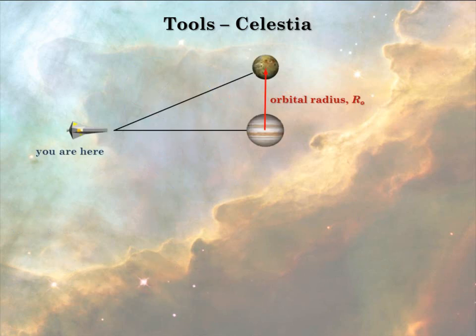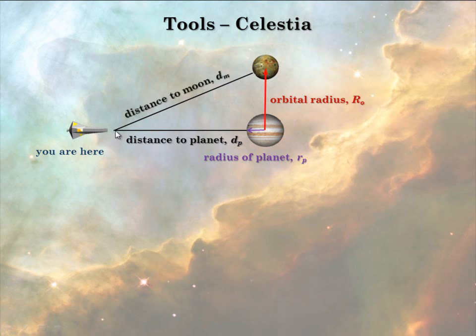Now you are here in a spacecraft looking at Jupiter and its moon. The orbital radius is right here, this red arrow. Celestia will give you the distance from your spacecraft to the surface of the moon, and also Celestia will give you the radius of the planet, RP.